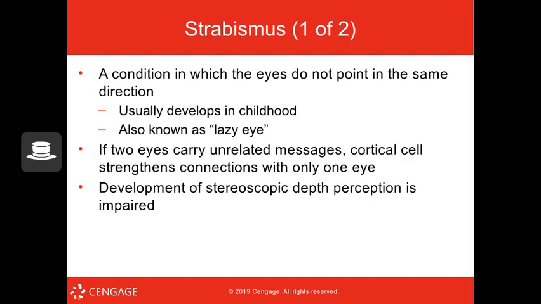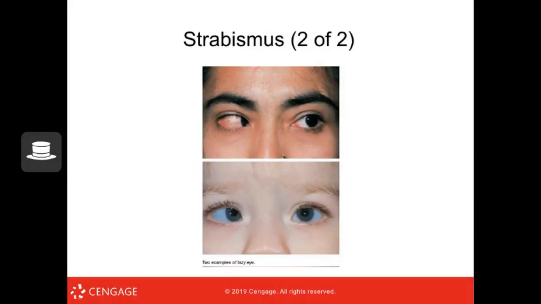But if you're getting unrelated information, what might happen is your cells will only strengthen connections with one eye and only trust or primarily rely on messages from one eye, meaning that your development of depth perception is impaired. And here's an example of a lazy eye.